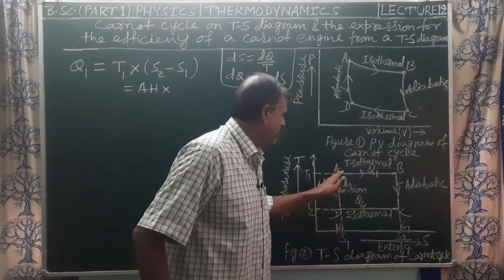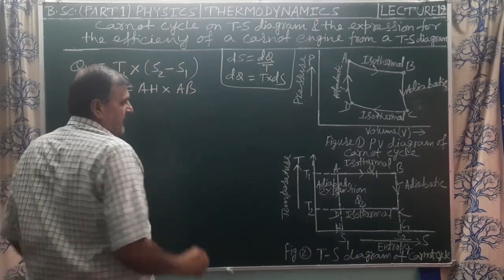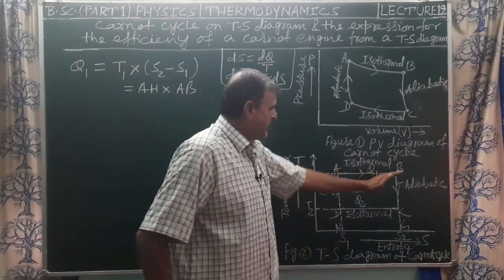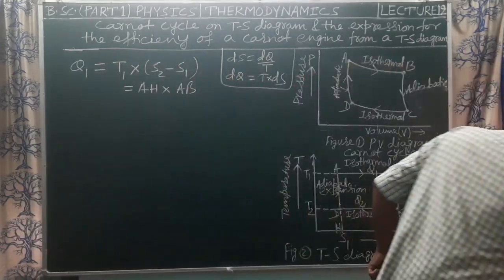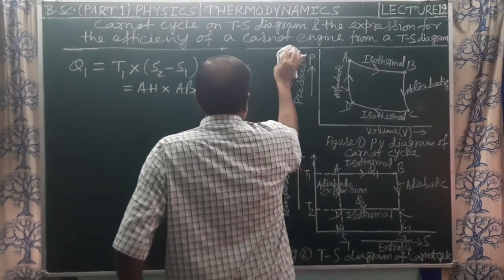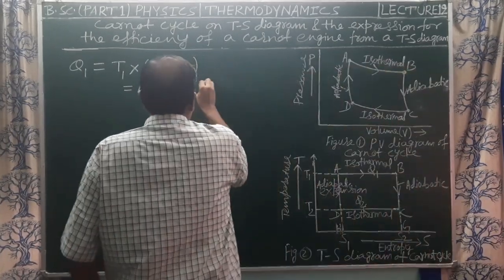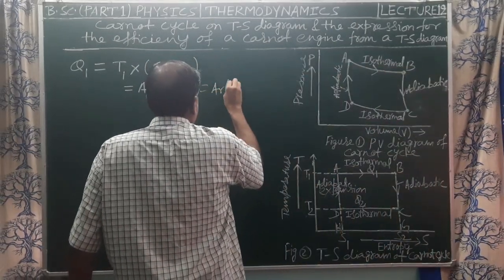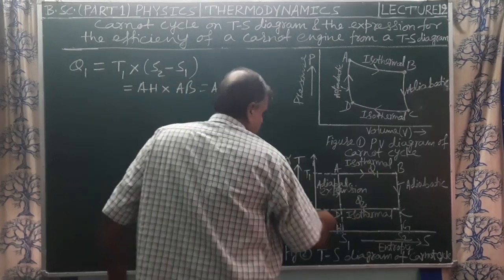Change in entropy is represented by AB. So AH into AB, AH multiplied by AB, is the area of the rectangle. We can write it as the area of the rectangle ABGH.